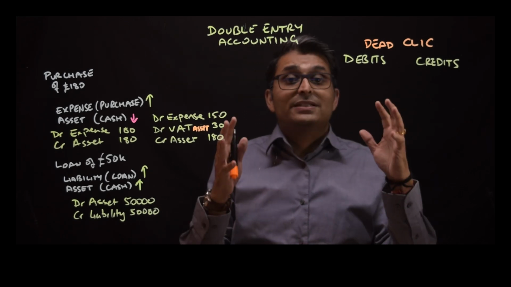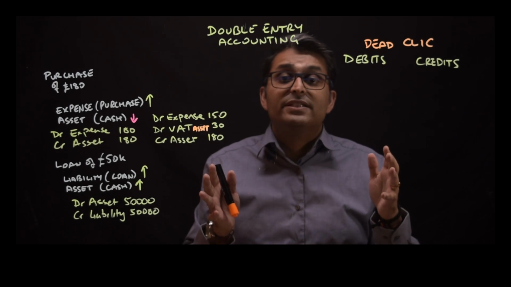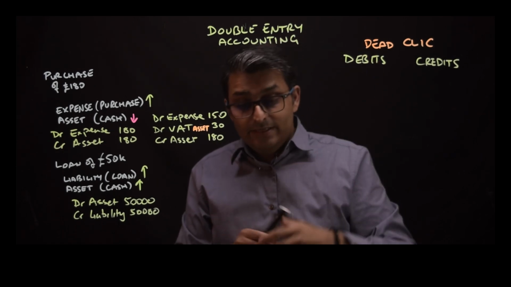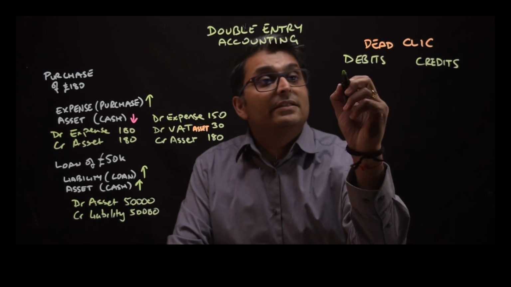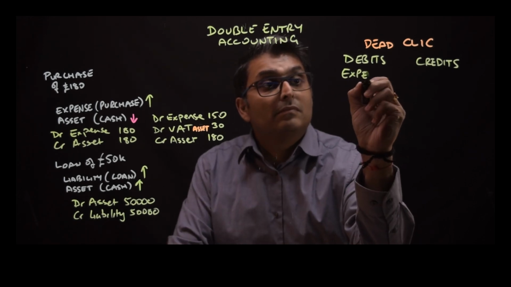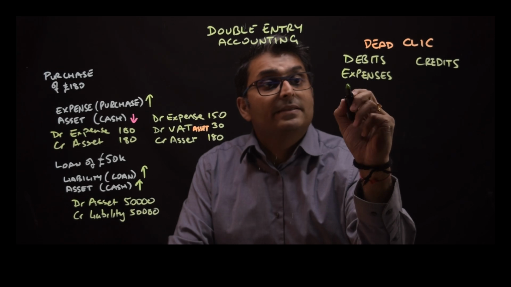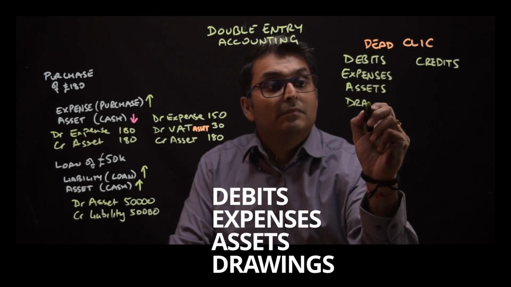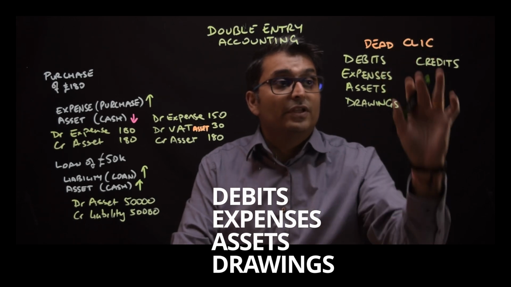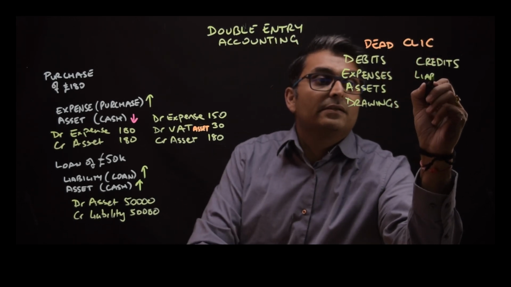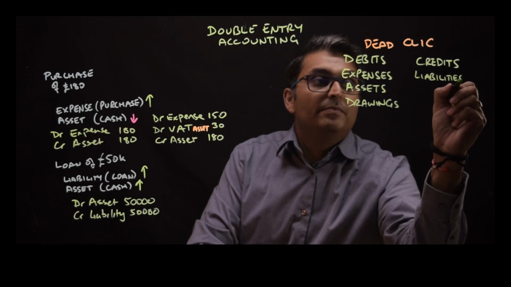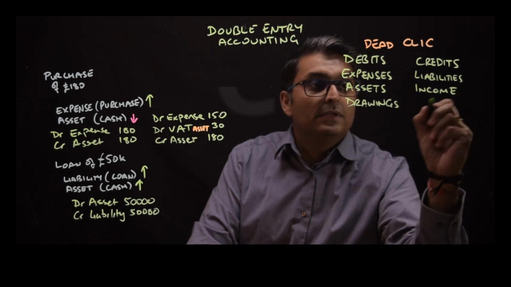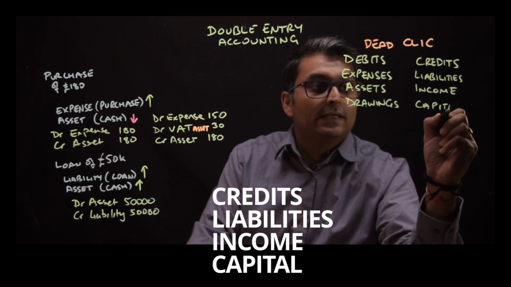DEAD CLIC shows us how to record an increase to an account, and it stands for, on the dead side, debit: expenses, assets, drawings, and on the click side, credits: liabilities, income, and capital.